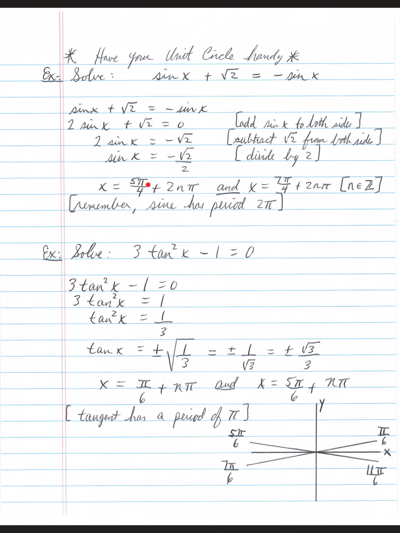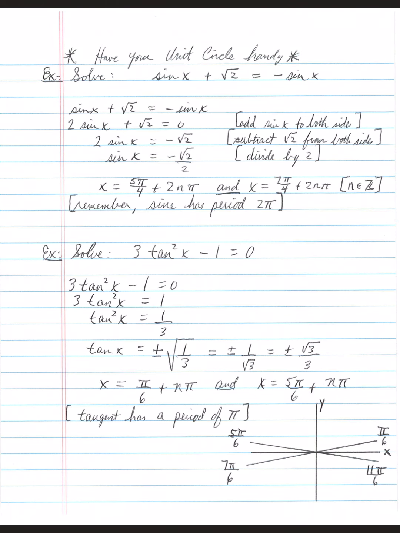If you find an angle on the unit circle and you're dealing with sine or cosine, you will add, if you're asked to find all solutions, a 2n pi term, which just signifies complete circles from this angle. 7 pi over 4 plus any complete revolution, and again the period is 2 pi, n is an integer, and that's how you generate all solutions to a trig equation.